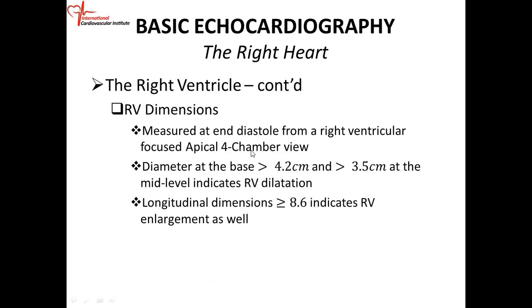This is not a straightforward apical four-chamber view; it's an RV focus. At the base, a minor dimension greater than 4.2 means the RV is dilated. At the mid-cavitary level, anything greater than 3.5 indicates RV dilatation. And the longitudinal dimension, greater than or equal to 8.6, indicates RV enlargement.